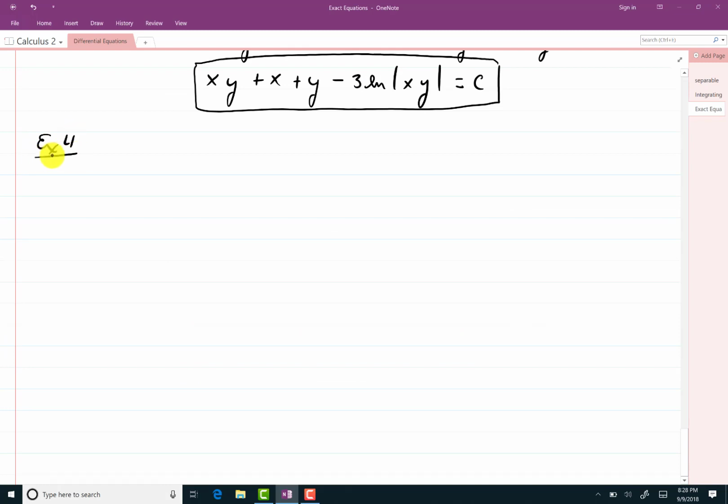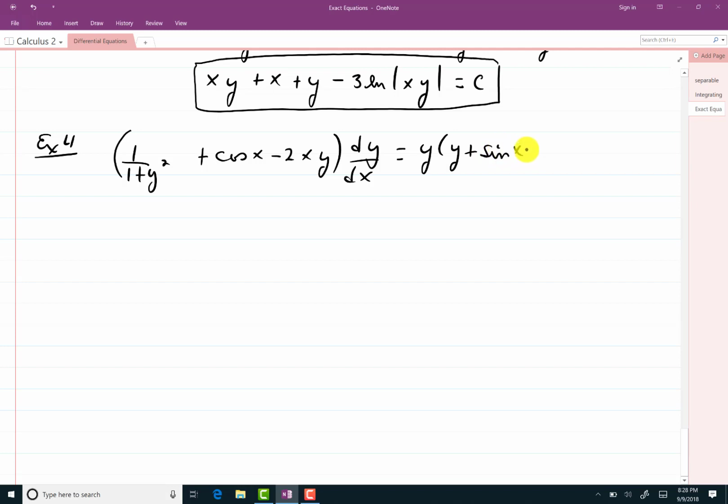For my next example, we have 1 over 1 plus y squared plus cosine of x minus 2xy dy over dx equals y times y plus a sine of x, and that's all there is to it.